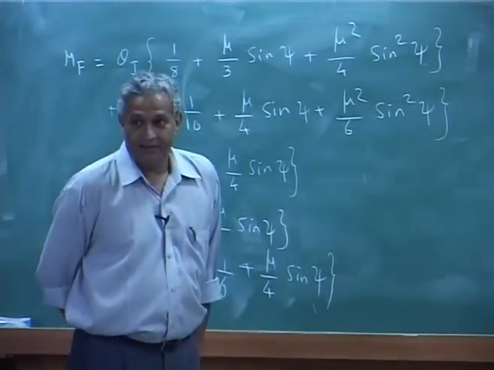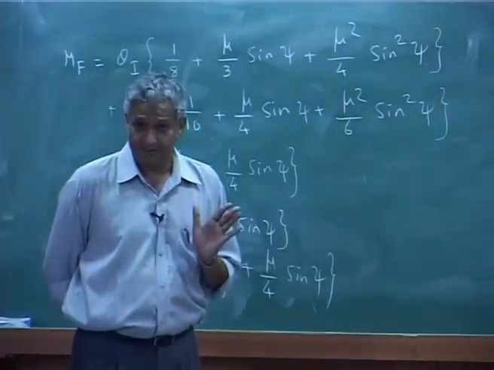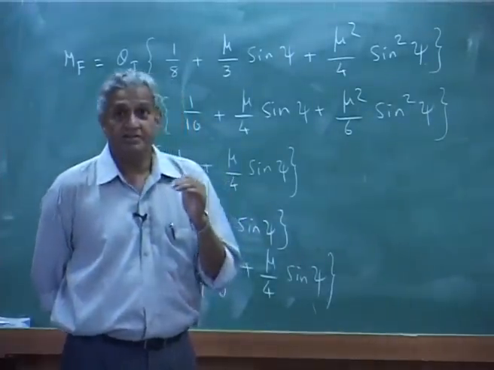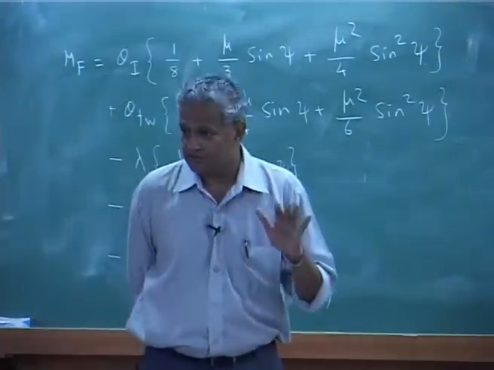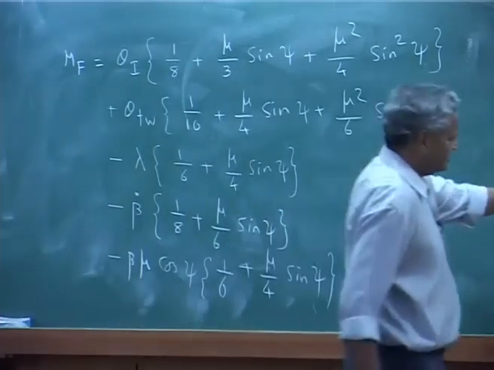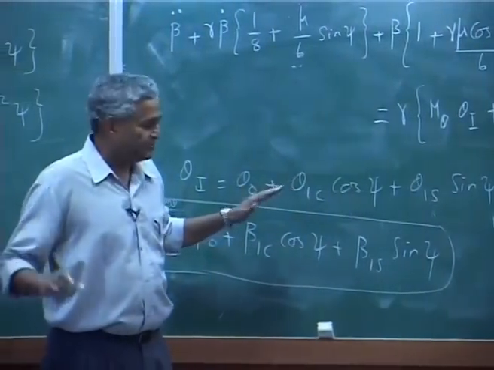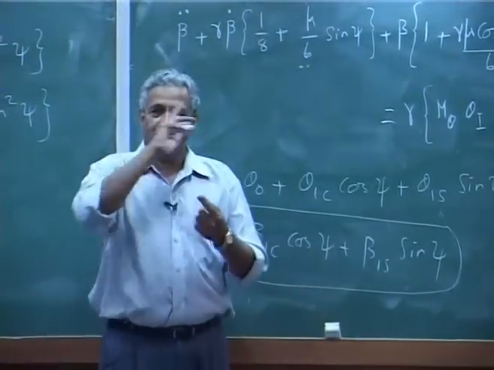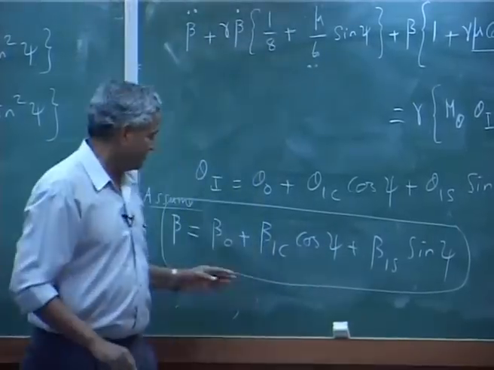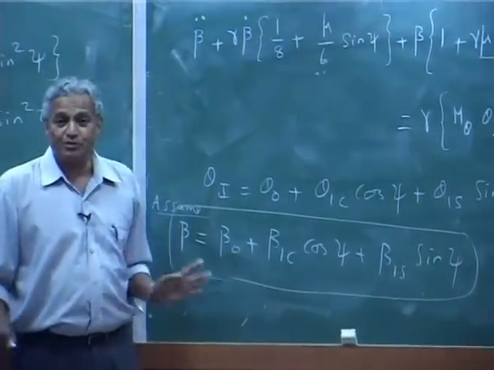Okay. Now this is called harmonic balancing because you are looking for the steady state response. Steady state means these are fixed angles. There is no change. As the blade goes round and round, what will be the harmonics of flap motion?